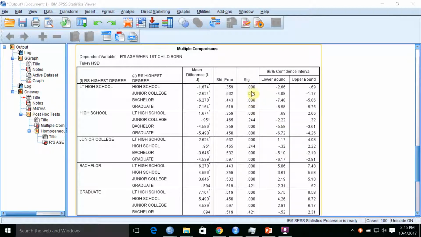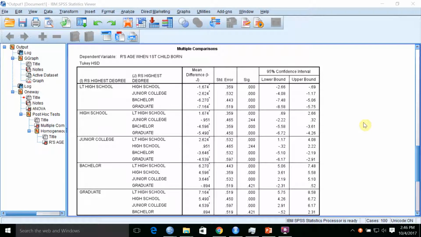The less than high schoolers are very, very, very significant. The people with high school degrees are significantly different, of course, relative to less than high school. We've already determined that. They have kids 1.6 years later than the less than high school.